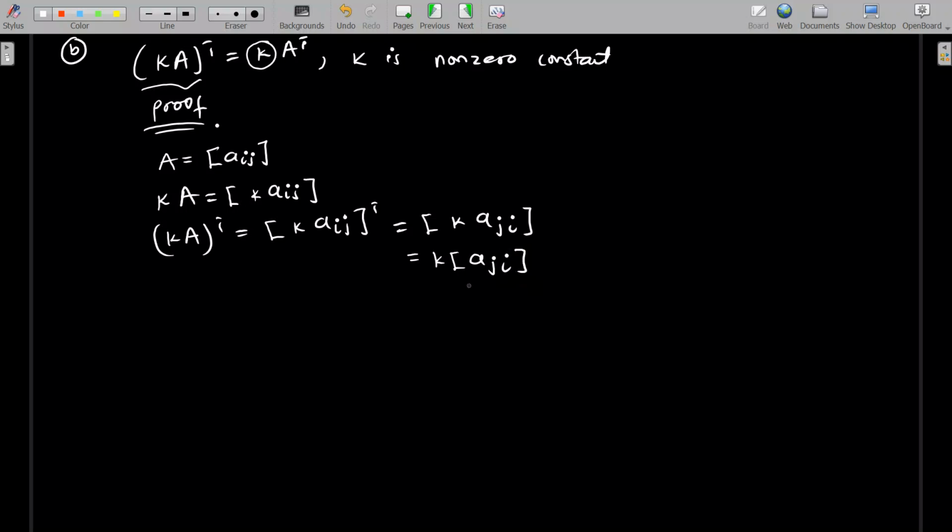And if you look at this very carefully, this is the same thing as the transpose of A, because if I transpose A, in terms of this, it is going to be Aji. So this guy is going to be K times A transpose, and that ends the proof. So that's the proof to why KA transpose is equal to K times A transpose.